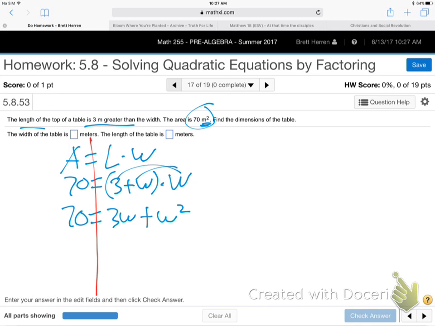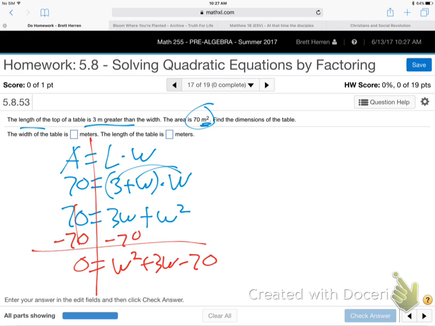So to get a 0, I'm going to subtract 70 from both sides. Is that good?